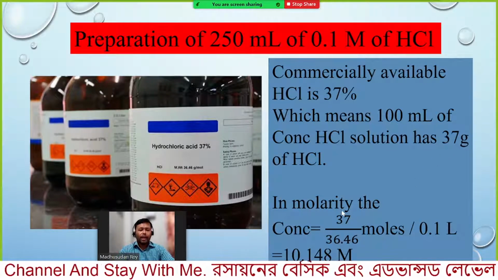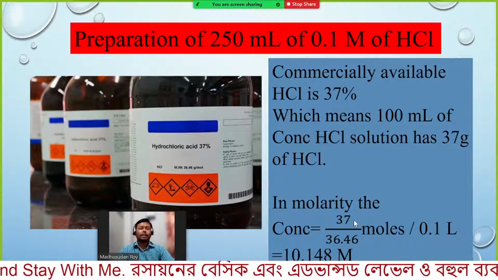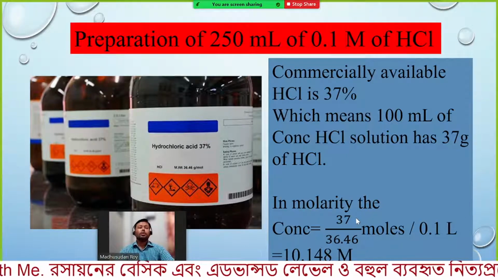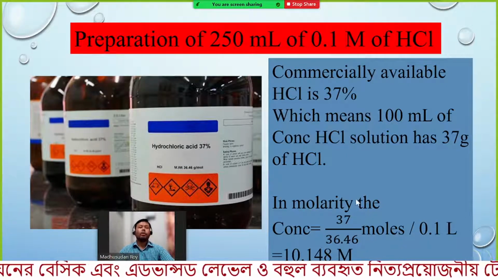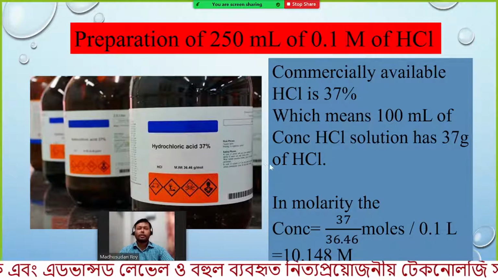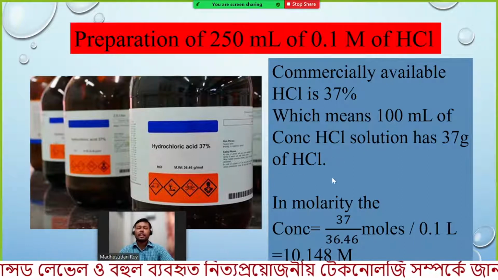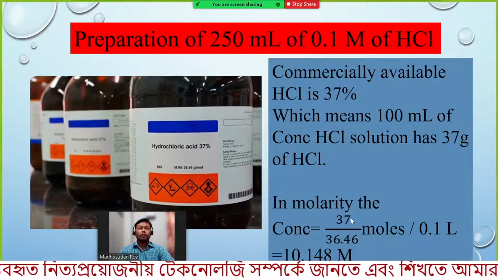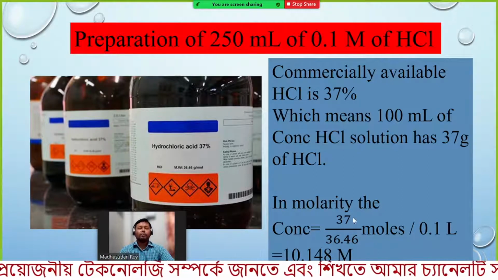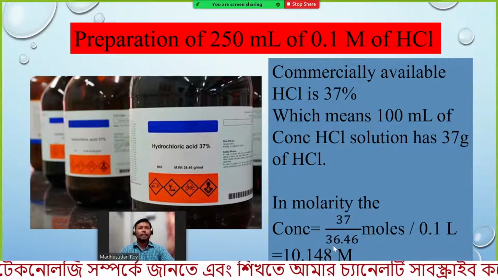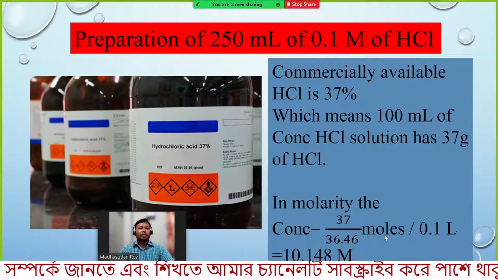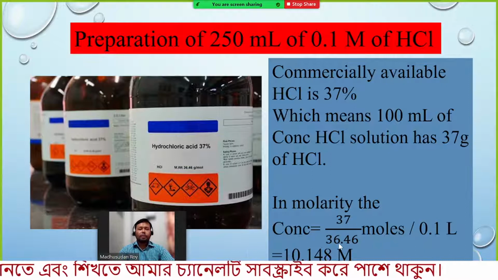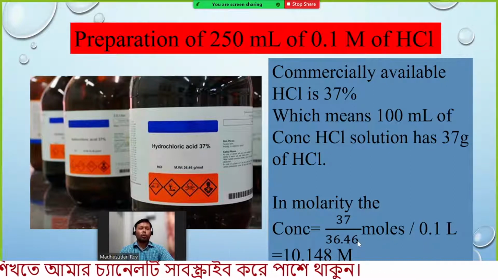The mass of HCl is 37 gram, and you know the molecular weight of HCl, already mentioned in the previous slide, 36.46. Therefore the number of moles of HCl in 100 milliliter equals 37 divided by 36.46 moles.